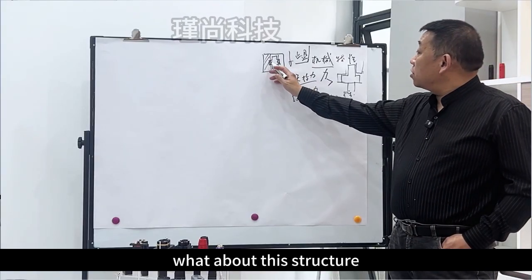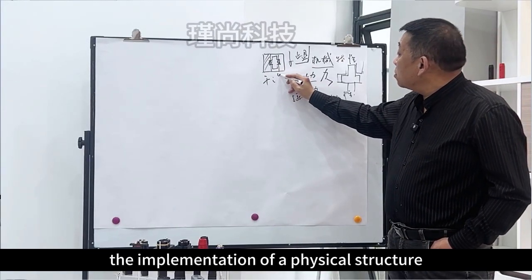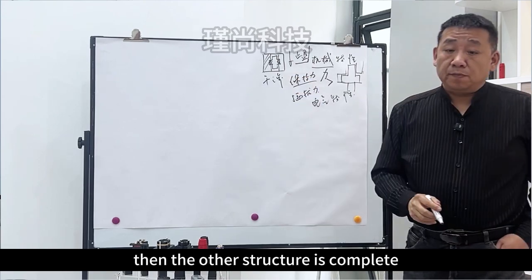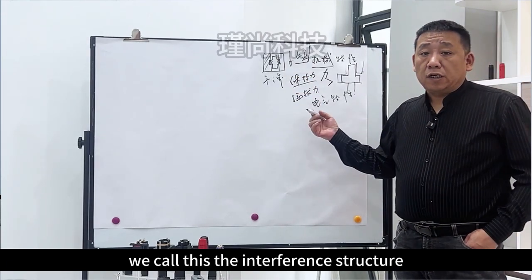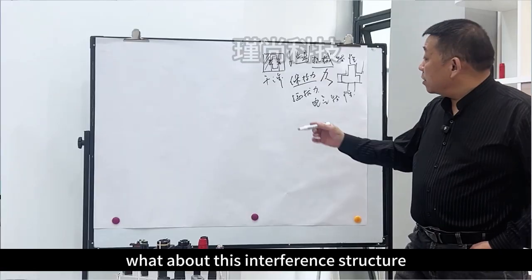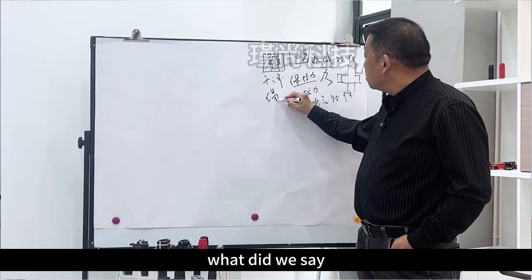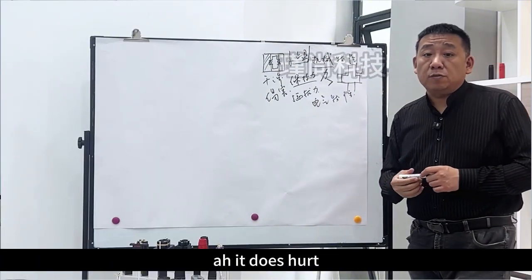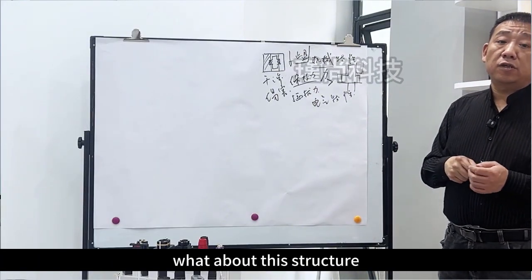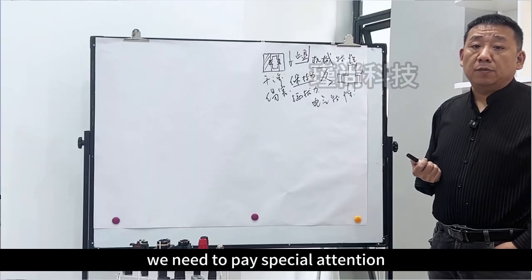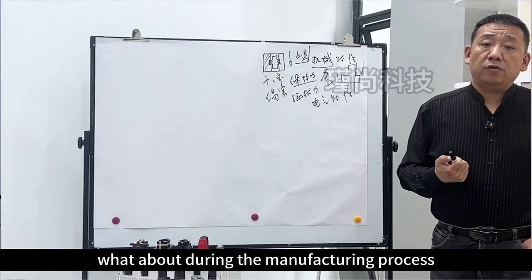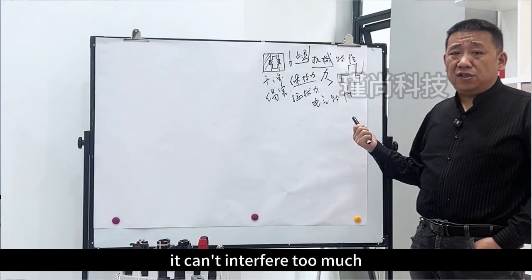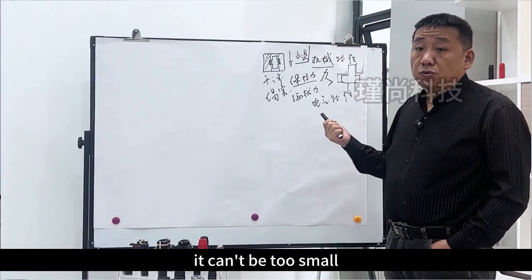What about this structure? It is the implementation of a physical structure. Then the other structure we call the interference structure. What about this interference structure? What did we say? In the process, it's damaging. It does hurt, so we need to pay special attention to this structure during the manufacturing process. It can't interfere too much, and it can't be too small.